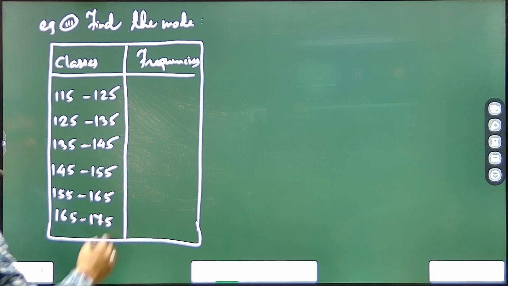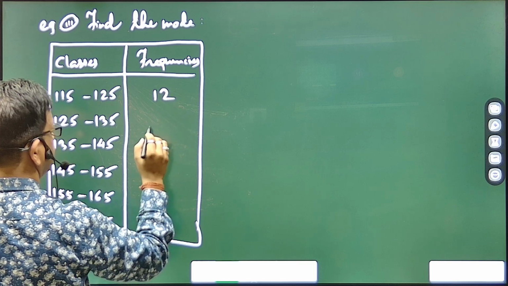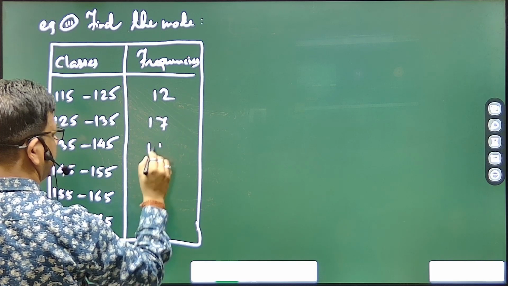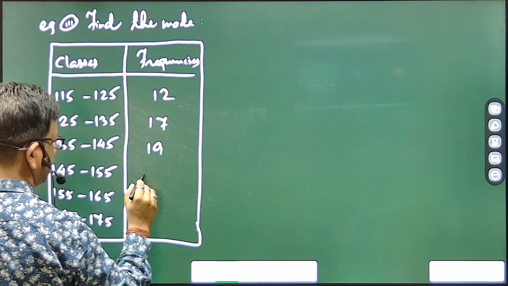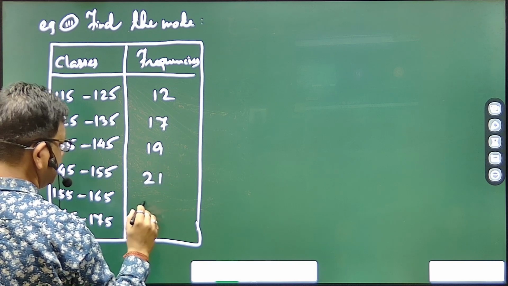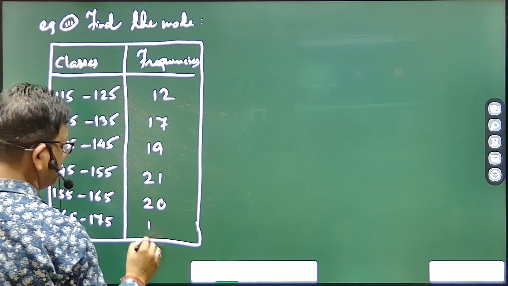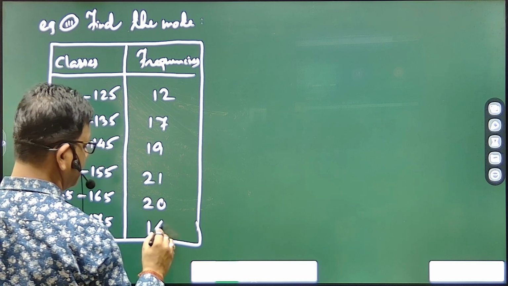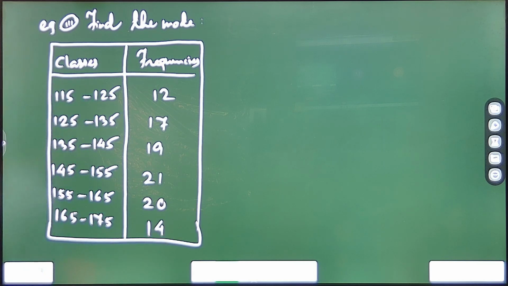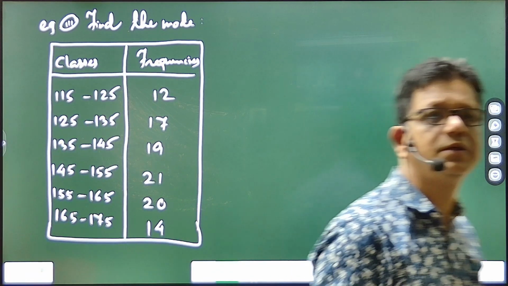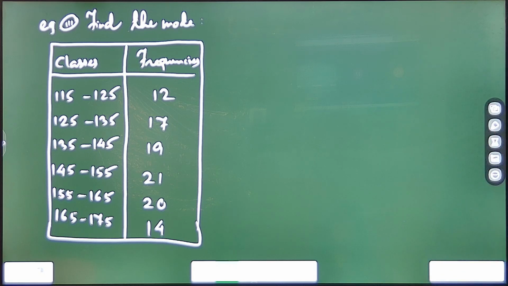The frequencies are suppose 12, 17, 19, 21, suppose 20, and suppose 14. Try, everyone, try this to find the mode of the data.